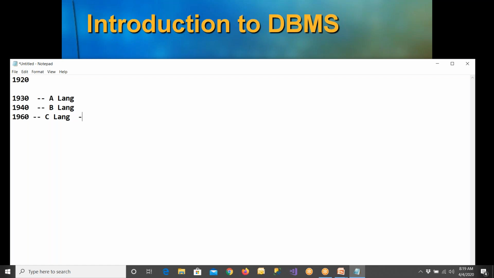The founder is Dennis Ritchie. Dennis Ritchie is the guy who invented this language to communicate with the computers. Clear? So C language has become very, very popular to communicate with the computer.